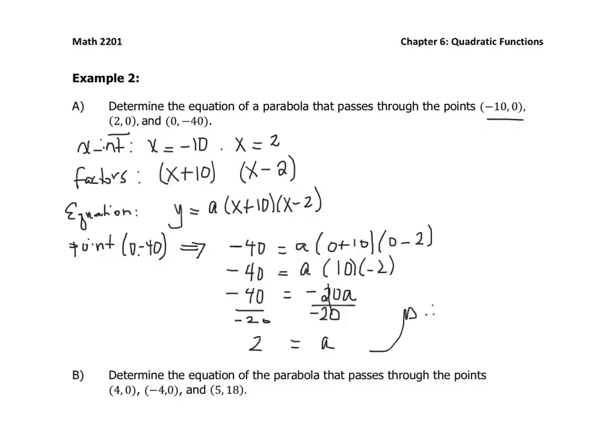So therefore our equation is y equals 2 outside of (x plus 10)(x minus 2). So just go back in and fill in the a value.